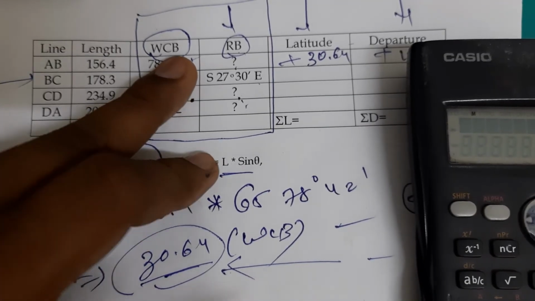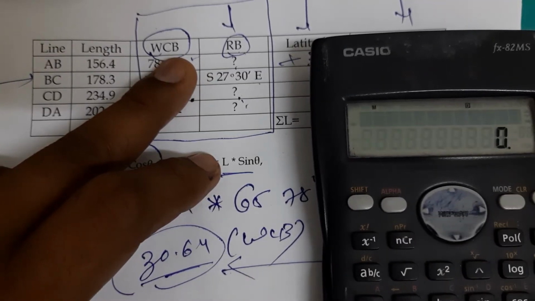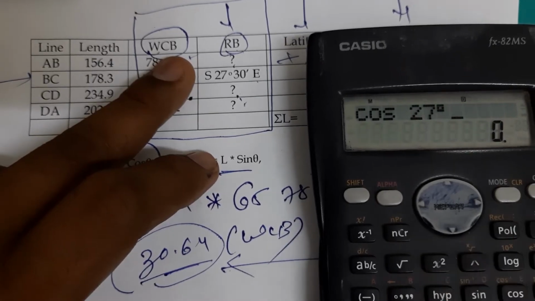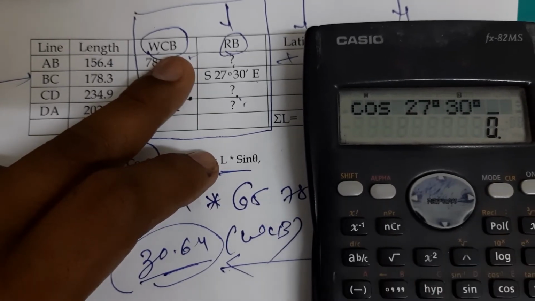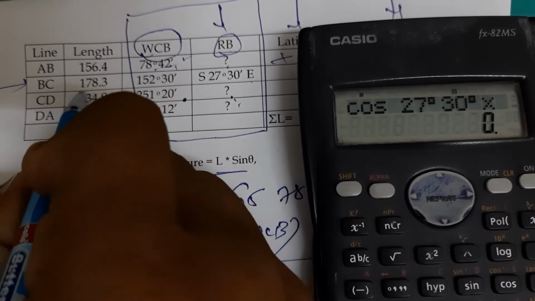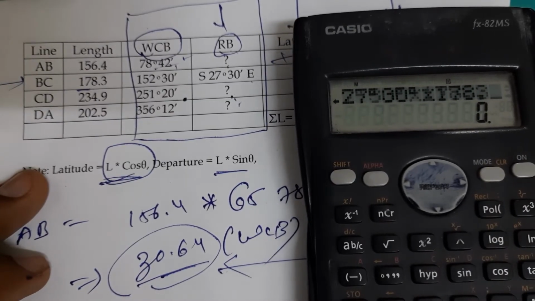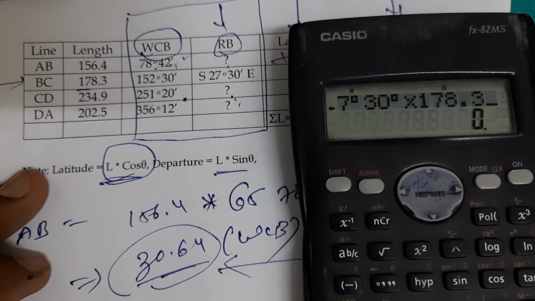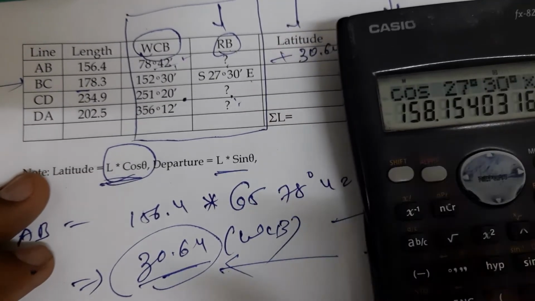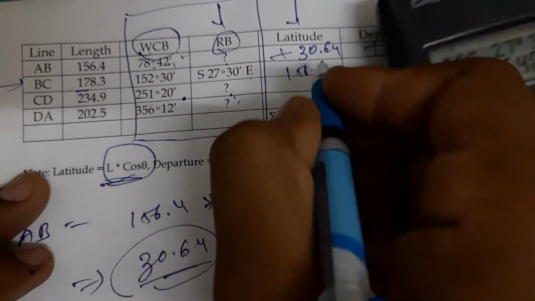Because here, if I write the latitude, cos theta, equal to cos 27 degrees 30 minutes multiplied by the distance, which is 178.3, the answer is 158.15.